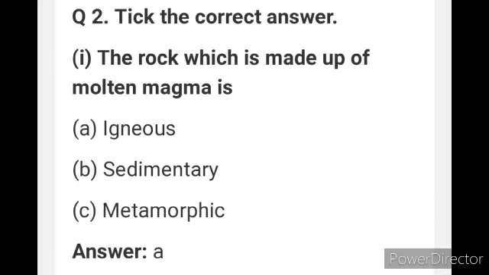The next question is, tick the correct answer. The question is, the rock which is made up of molten magma is? The answer is igneous. The question is, the innermost layer of the earth is? The answer is option B, the core.